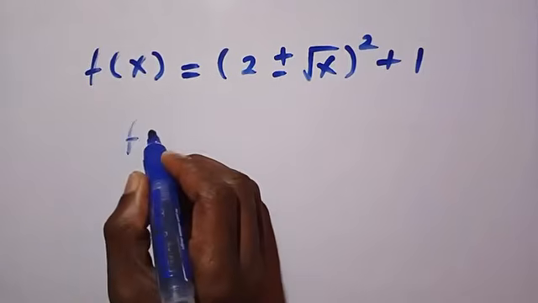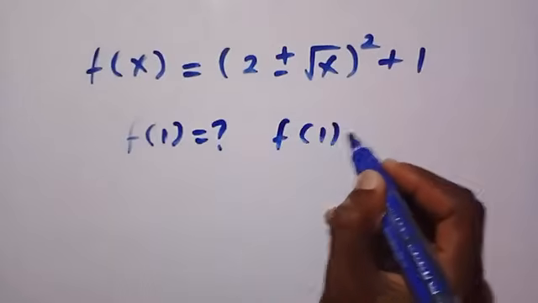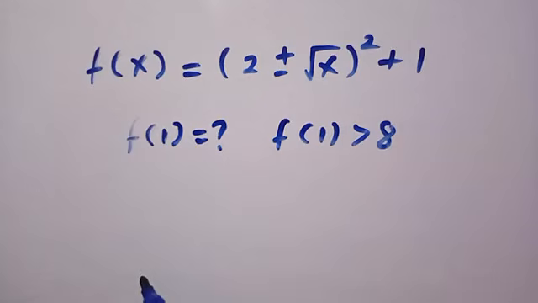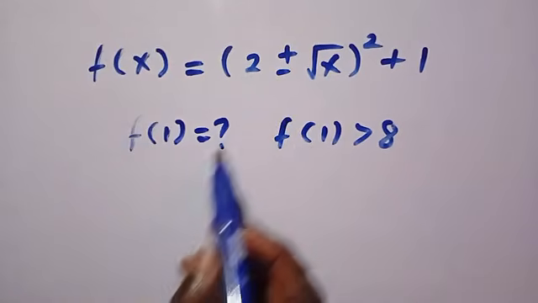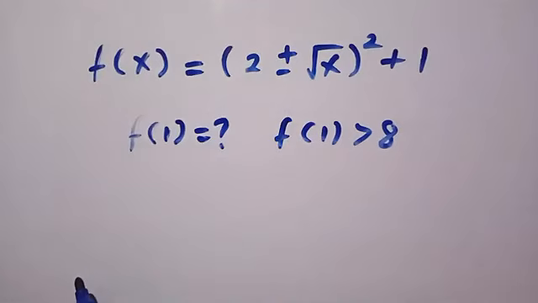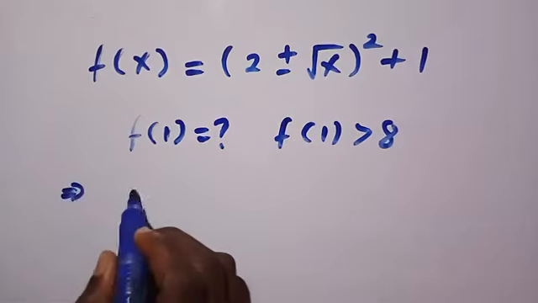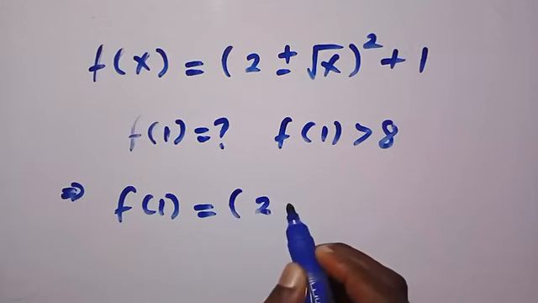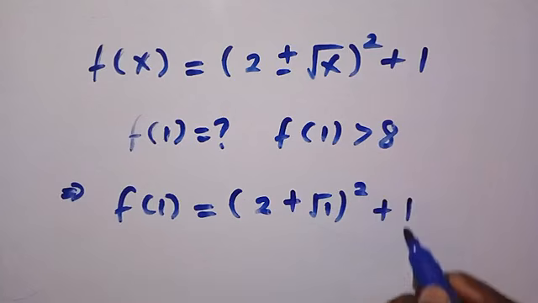According to the asked question, what is f of 1 if f of 1 is greater than 8? We just substitute into this, but here is plus or minus, which means there are two cases to consider: the positive and the negative. For the positive one, we have f of 1 equals 2 plus the square root of 1, all squared, plus 1.